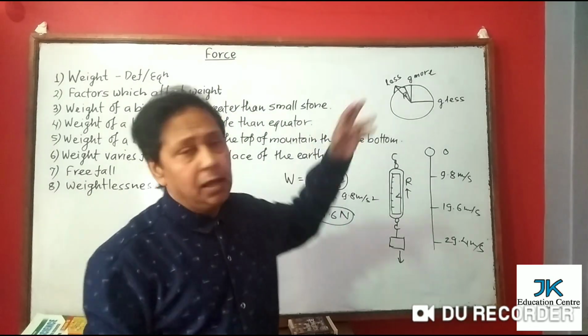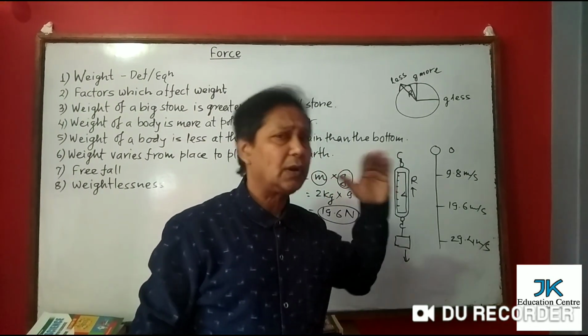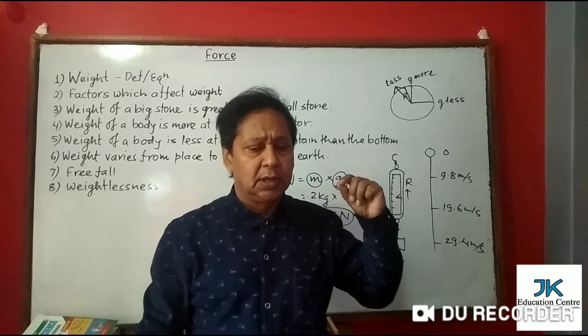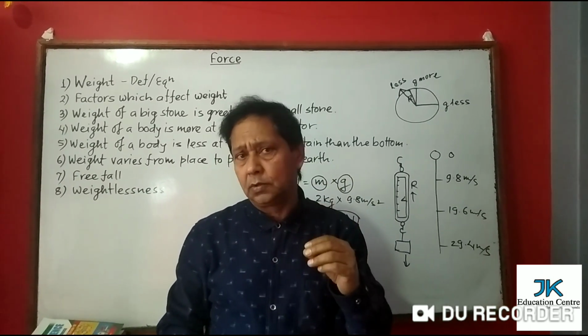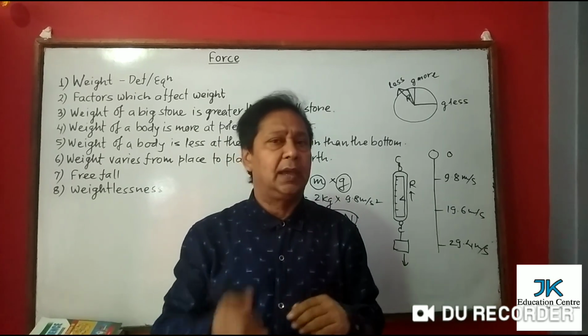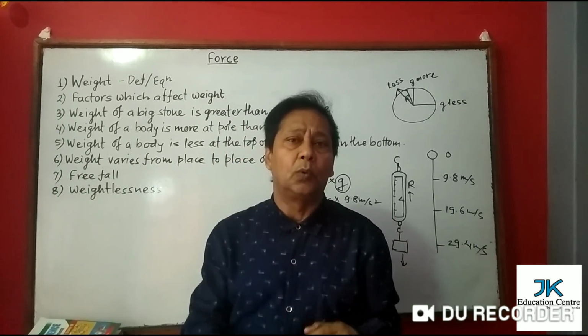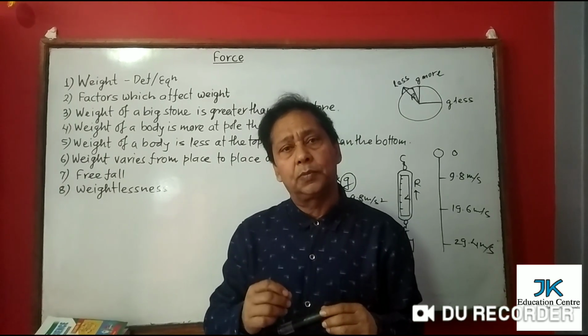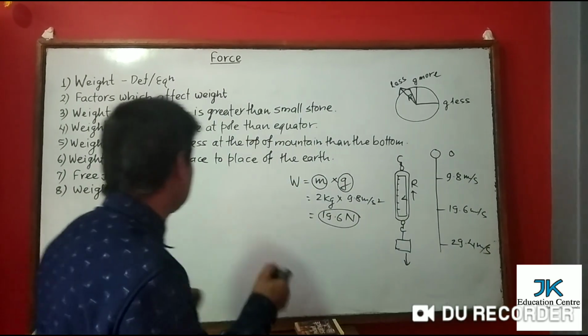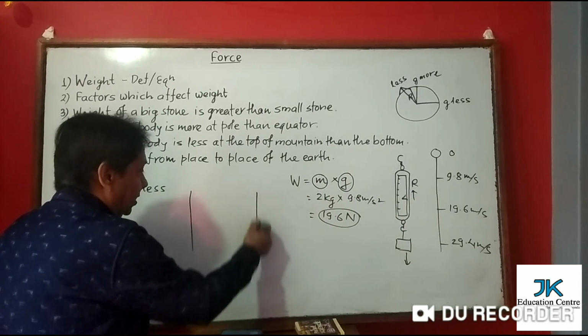Students, now I think more or less I finished this chapter, but one of the students asked me one question related to the chapter pressure, and he was interested to know about the numerical problem related to the principle of flotation. I want to tell him very clearly. Look at this.